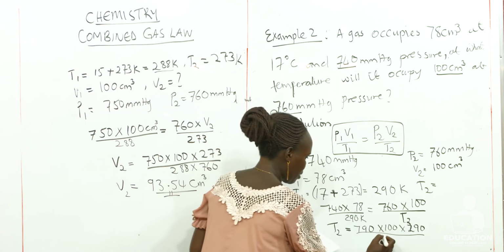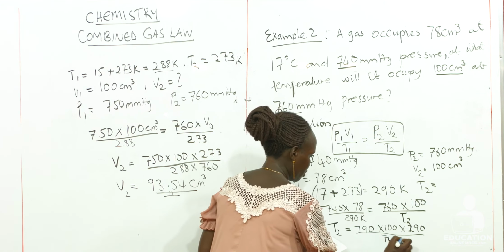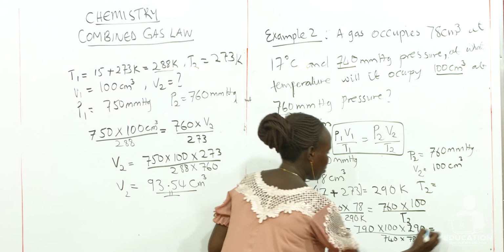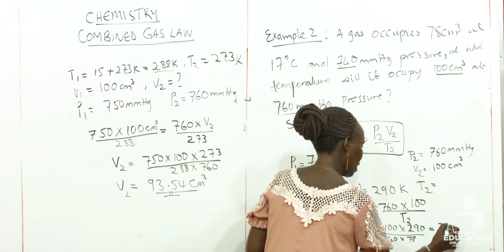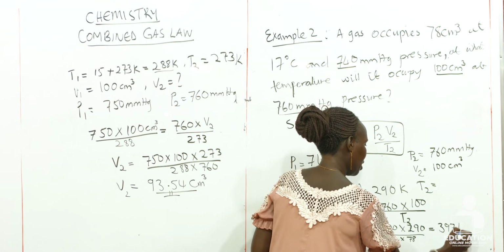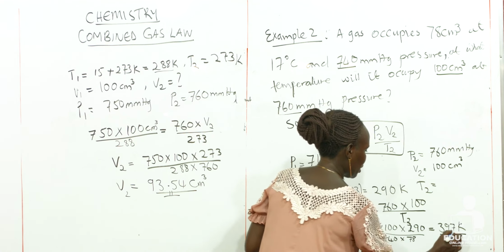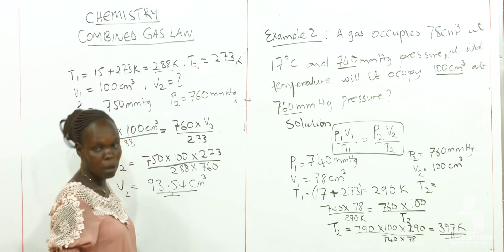Then we divide by pressure 1 multiplied by volume 1. It is going to be equal to 397 Kelvin. So this is the temperature which is required in this problem.